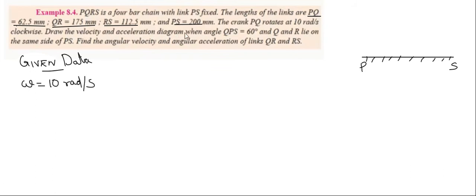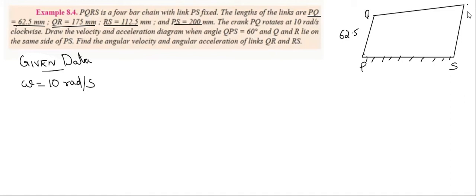Draw the velocity and acceleration diagram when angle QPS is 60 degrees. So P is here, Q will be somewhere around here, and S is here. There is an angle of 60 degrees, and the length PQ is equal to 62.5 mm, and you have another link somewhere there. We don't know where exactly it is; we will know when we draw a scaled diagram taking all the lengths in the question.